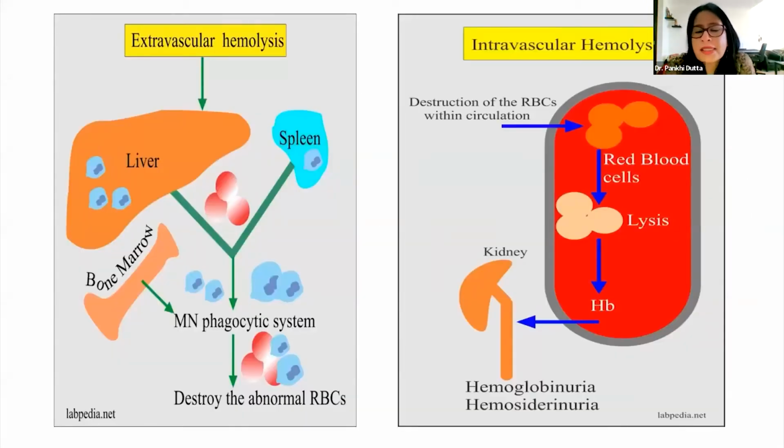Then one also must learn to differentiate between extravascular hemolysis and intravascular hemolysis. Intravascular hemolysis occurs within the circulation, and it is usually more dramatic, associated with hemoglobinuria, hemosiderinuria and hemoglobinemia, which I spoke about. Free hemoglobin can occur, while extravascular hemolysis occurs in the macrophages of the liver and spleen. Now, the spleen is highly sensitive to even small defects.